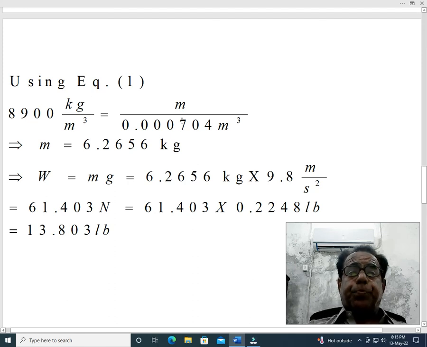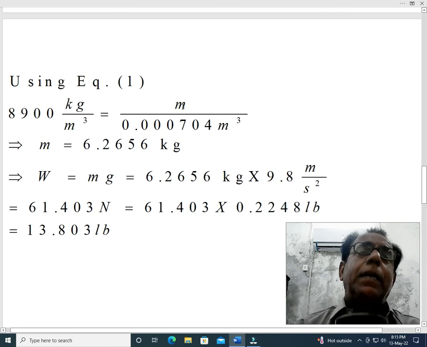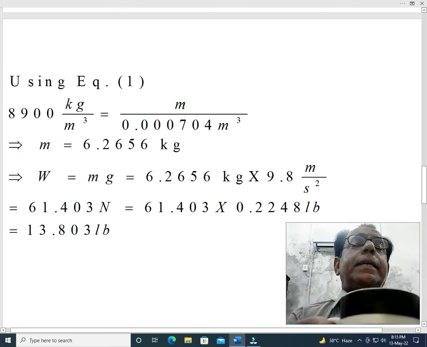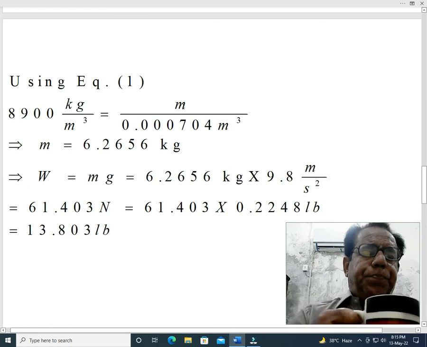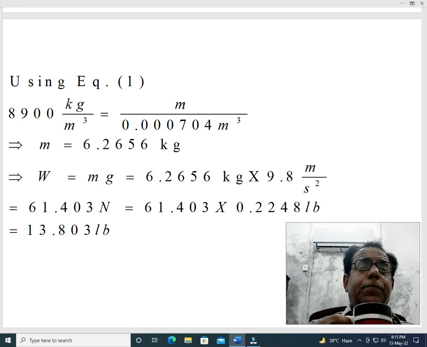And M is unknown, so we have not put a value of M. M is still as it exists in the equation.